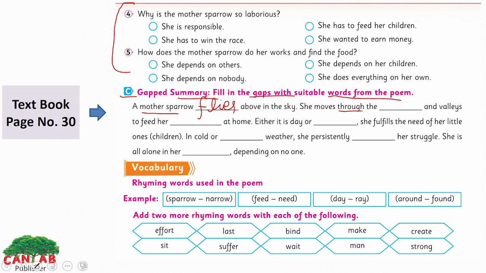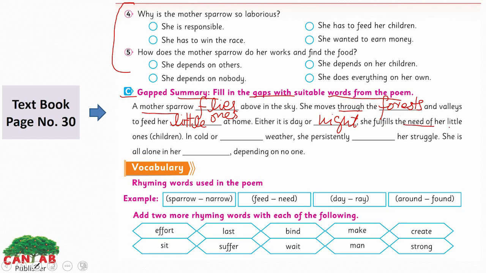She moves through the valleys to feed her. Yes, we have read about the forests. To feed her at home, the little ones. Either it is day or what? Day or what? Yes, night.